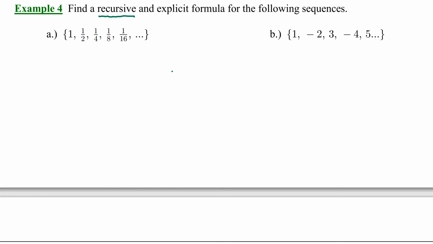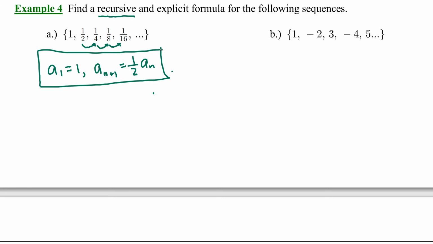You probably notice very quickly that each time the denominator is doubling. So we could say the first term is 1, and then the next term is 1/2 times the one that came before. This is what we call a recursive formula.